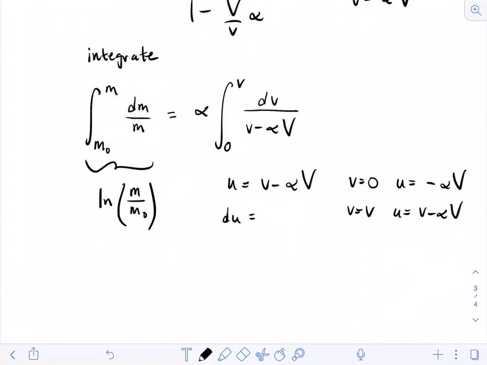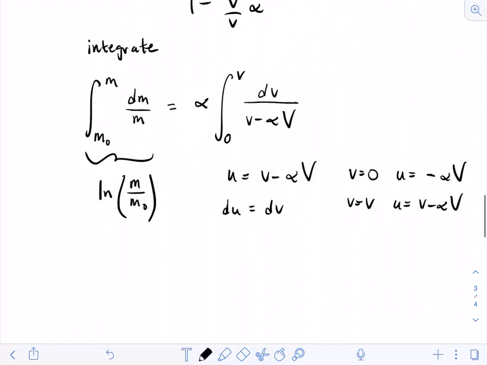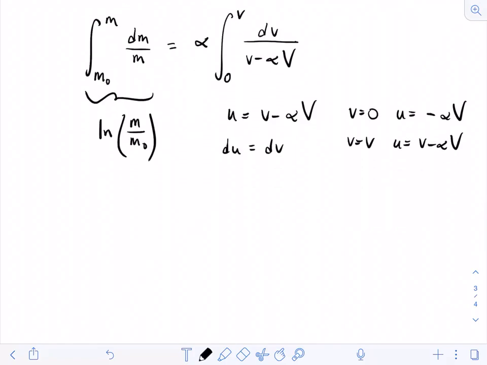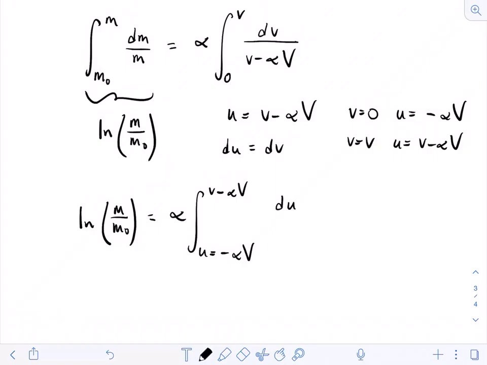We're going to assume that we eject fuel at a constant relative speed. So with that change of variables, the ln of m over m0 is equal to alpha times the integral of du over u from minus alpha V to v minus alpha V.